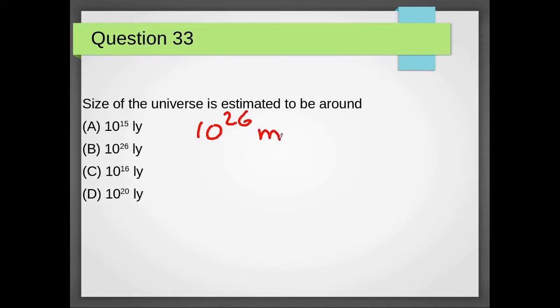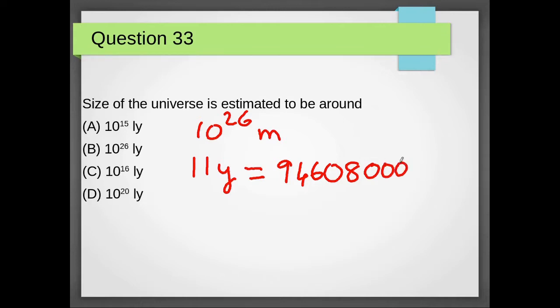And 1 light year is roughly equal to about 9460800 meters.